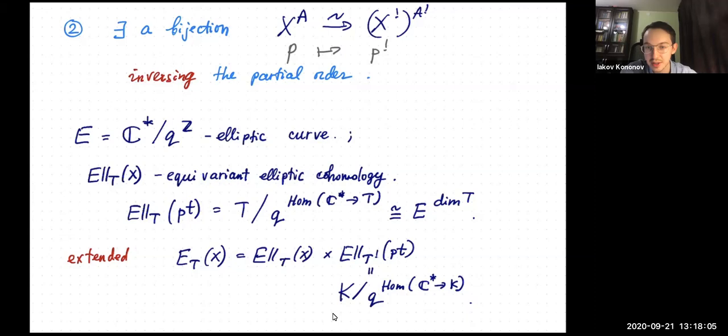And since we deal also with Kähler variables, consider extended equivariant elliptic cohomology, that is, multiply it by the T factorial equivariant elliptic cohomology of the point.